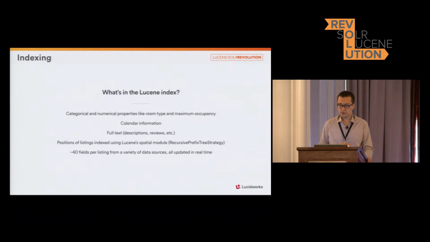For geo, we use the recursive prefix tree strategy from Lucene, which allows us efficient retrieval using various shapes like polygons or circles. Most of this data comes from MySQL, which is updated by the web application that users interact with. In total, we have about 40 fields for each listing that are composed from data from a variety of different tables across multiple physical databases.